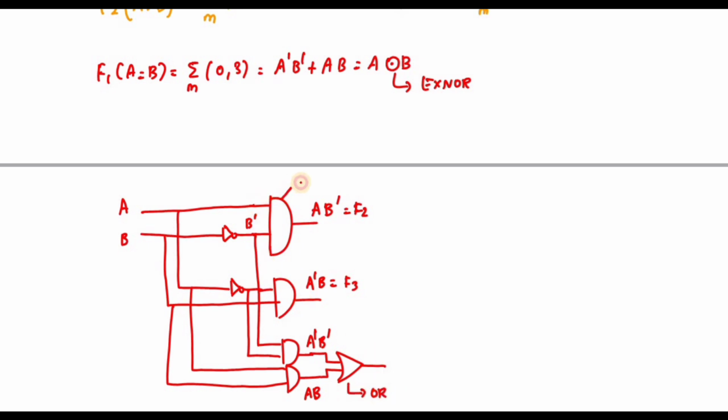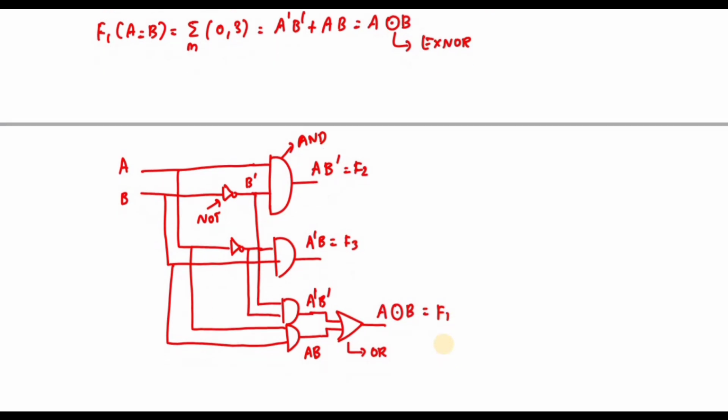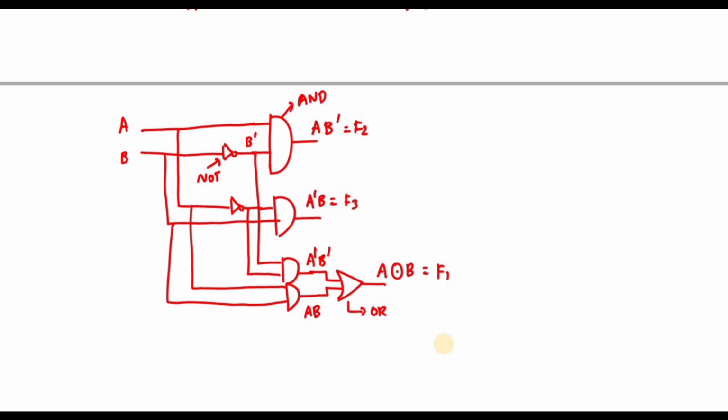This is nothing but an AND gate, and this is your NOT gate. So you will get A XNOR B, that is your F1. This is how you have to draw the 1-bit magnitude comparator. Now let us go for the 2-bit magnitude comparator.